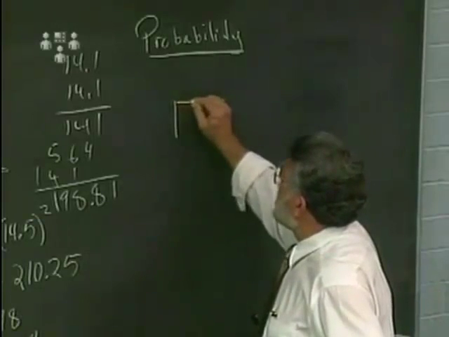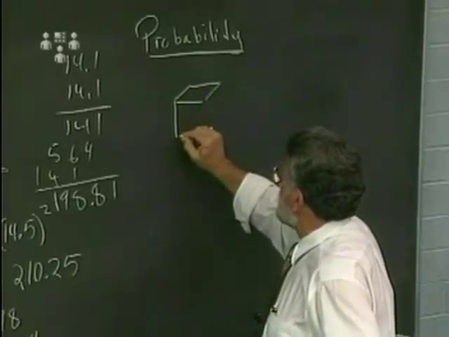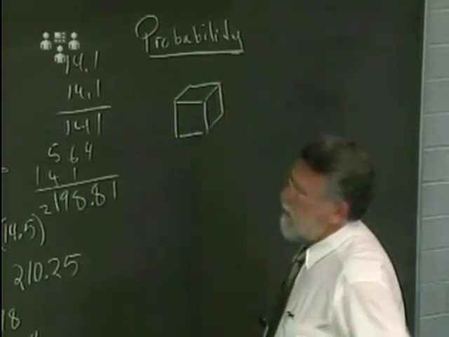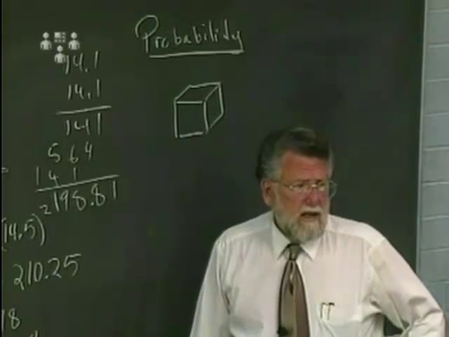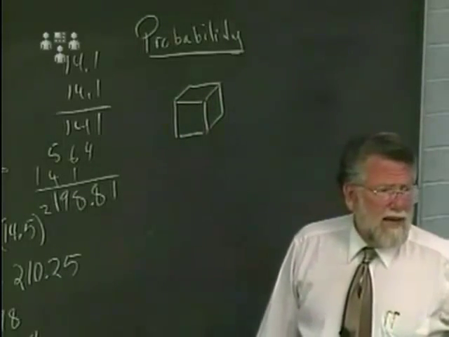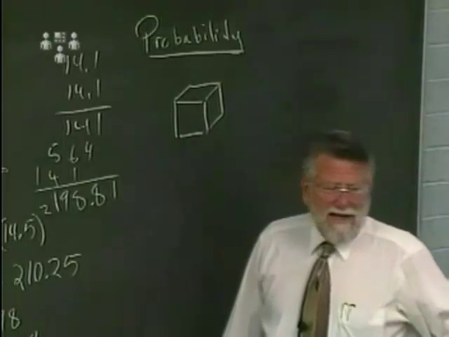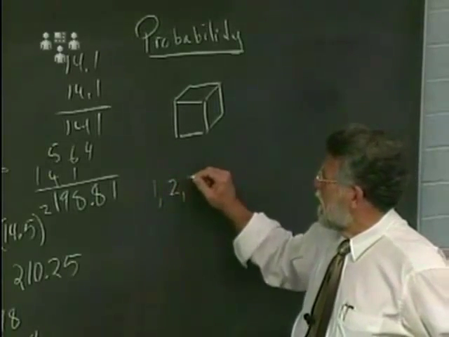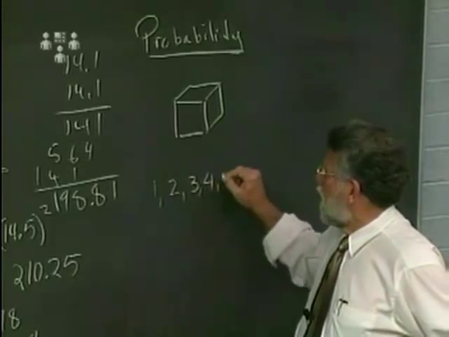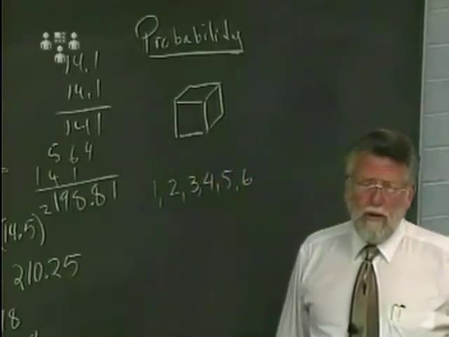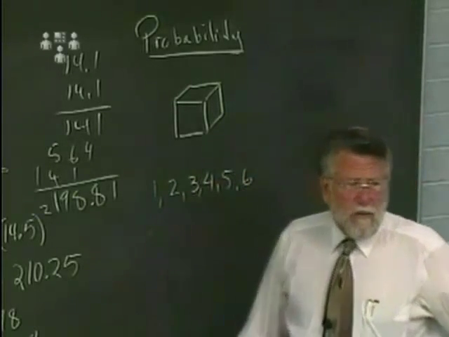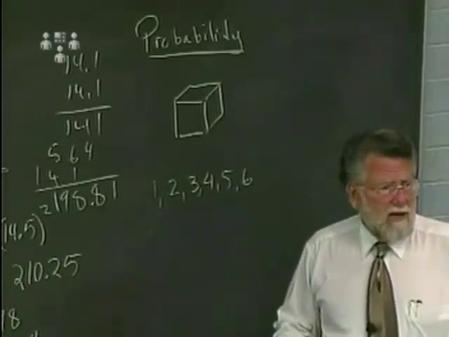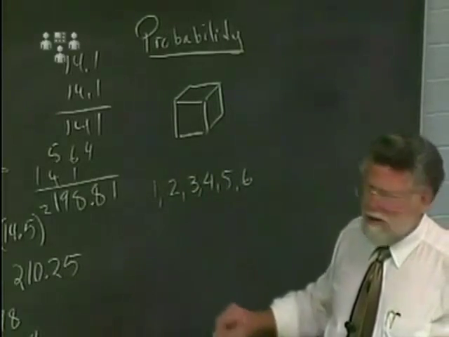A die is, in essence, a cube with 6 sides, a parallelepiped of particular form. It has little dots on it, which you count. And these are the possible numbers you can roll if you roll a die. We call this a set. It's a collection of the outcomes.